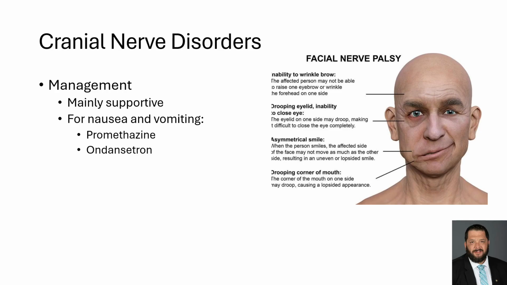Facial nerve palsies are another common cranial nerve disorder. Most commonly is Bell's palsy, which is a disease state that can impact the facial structure, and it can cause the face to droop, much like the patient is having a stroke.